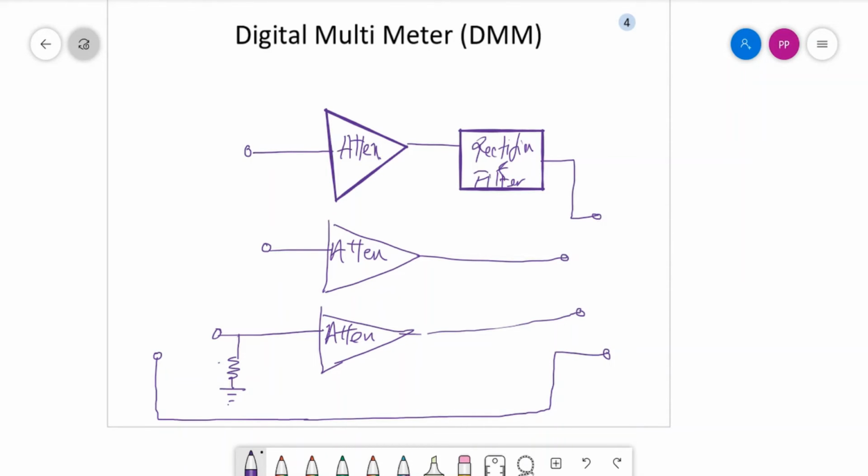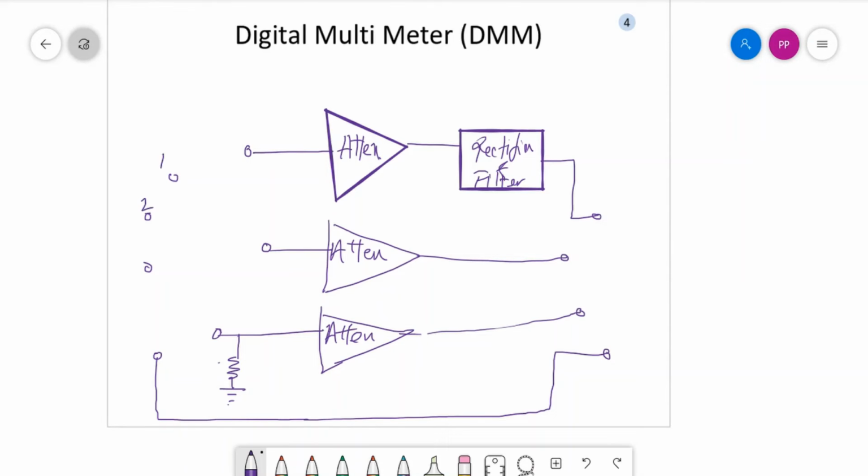So here I have three different kinds of inputs to be measured. I can draw like this, 3 different kinds of inputs to be measured.